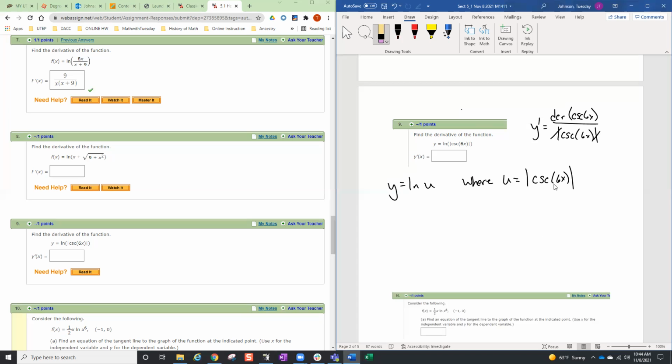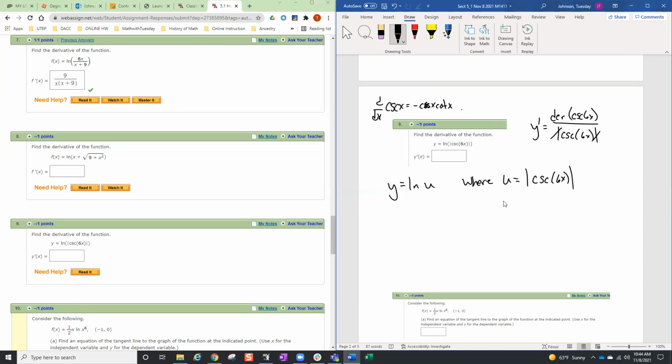Let's look at cosecant of 6x. This is me thinking out loud. It has a derivative of minus cosecant cotangent.